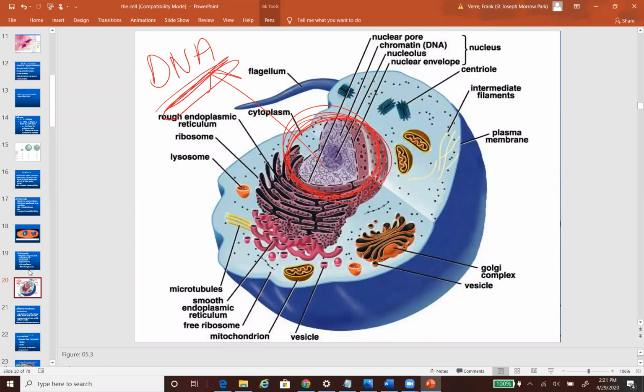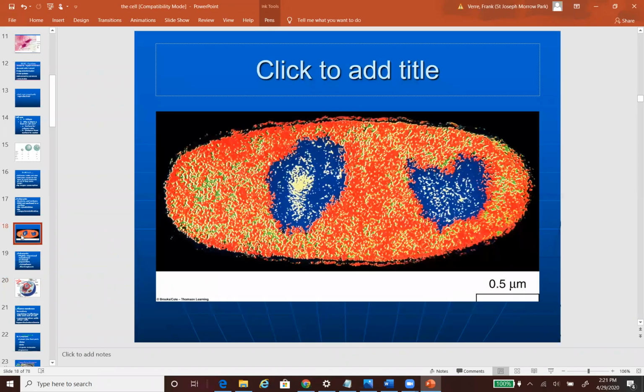But this goes back to the difference between eukaryotes and prokaryotes. See, prokaryotes do not have a nucleus, so there's no protection around the DNA. We have regions where the DNA is, and that's in blue here. Maybe multiple regions, but there's no layer around it that protects it.